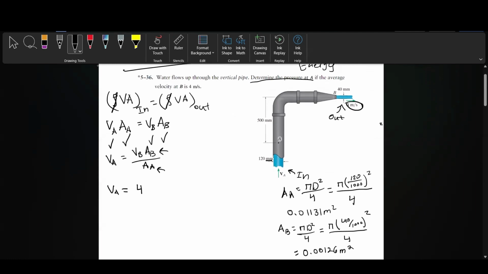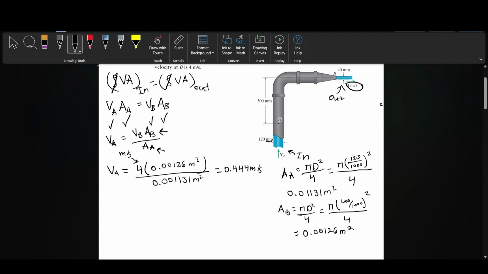So equals 4 times AB, which is 0.00126 meters squared, and this here is meters per second, divided by 0.01131 meters squared. You should get a velocity of 0.444 meters per second.